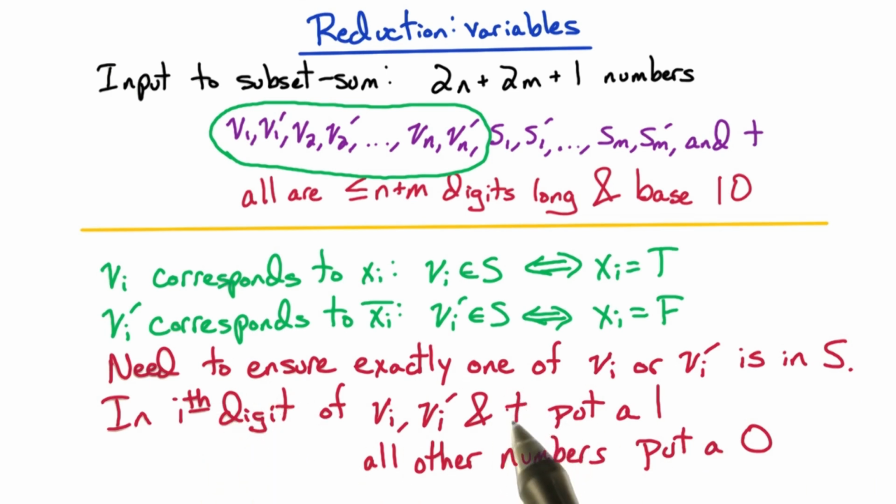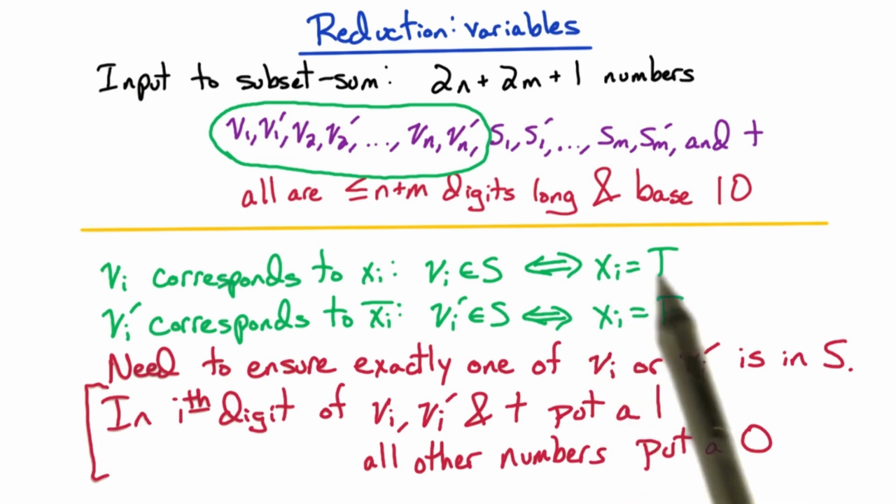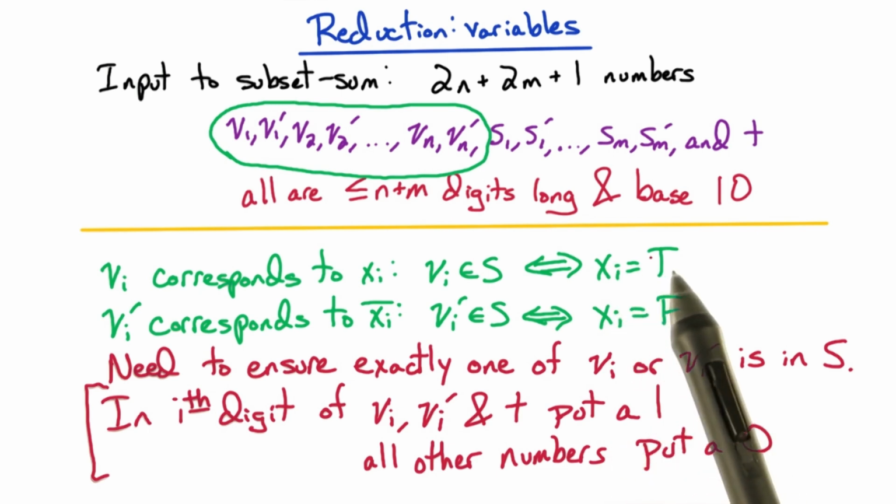Recall that t is our desired sum, so the only way to achieve a desired sum that has a 1 in the ith digit is to include either vi or vi prime in S, but not both and not neither. So this specification ensures that our solution to the subset sum problem is going to correspond to an assignment. Whether it's satisfying or not is another issue. But for now, at least we know that we have an assignment. So either we're going to correspond to xi being set to true or xi being set to false.